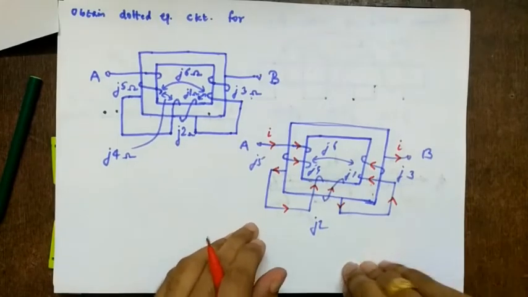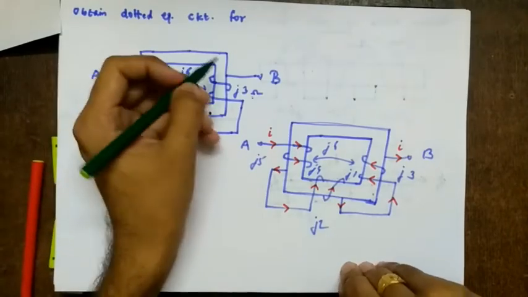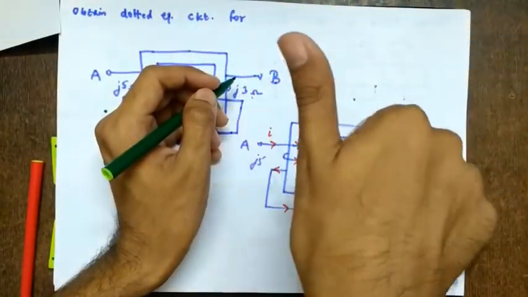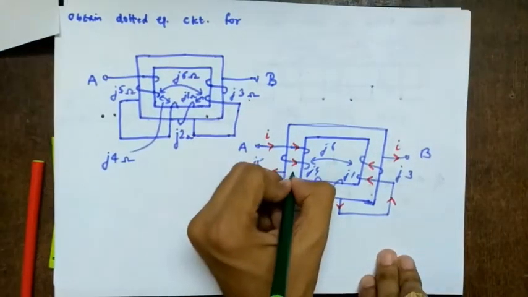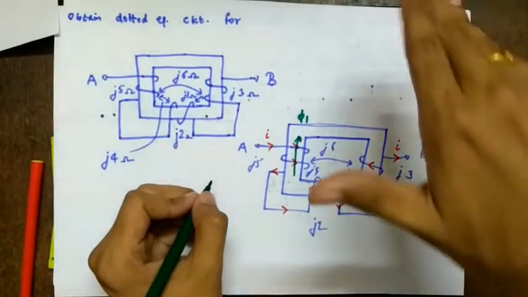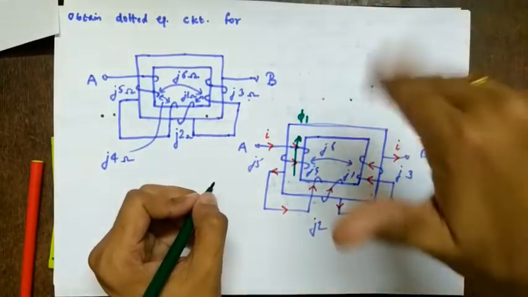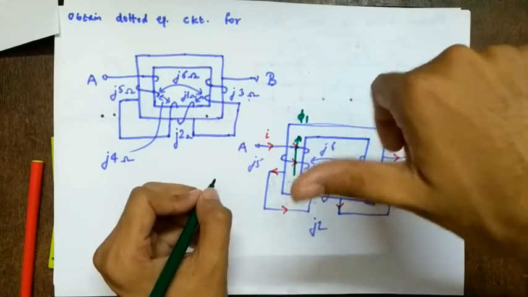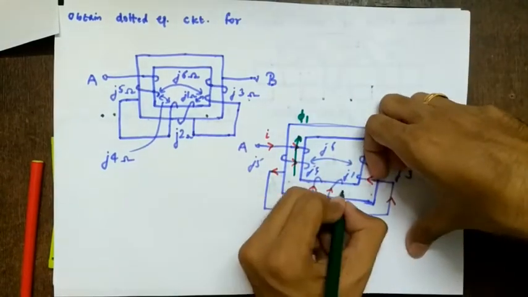So next what we have to do? Assign the fluxes. So here it is towards right, so thumb is pointing upwards. This is phi 1. Here thumb is pointing towards left. Current is flowing upwards, so curled fingers give the direction of current, and thumb points in the direction of magnetic flux.